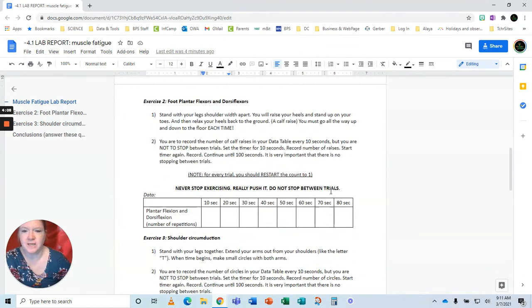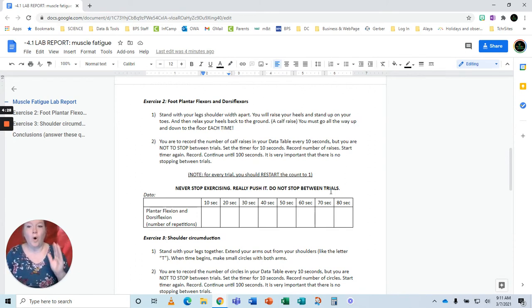Okay, exercise 2. You're going to complete the entirety of exercise 1 first. Now it says stand with your legs shoulder width apart. You will raise your heels and stand up on your toes, and then relax your heels back to the ground. Basically, you're doing a calf raise.